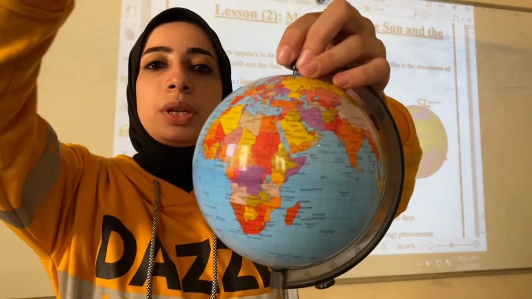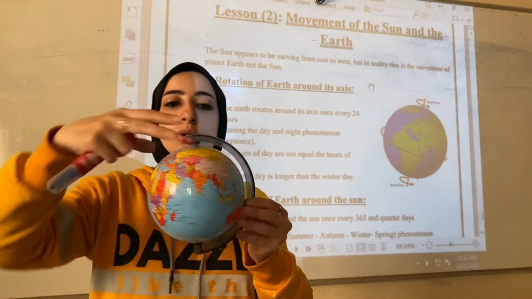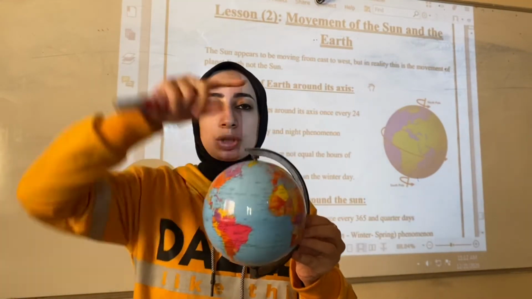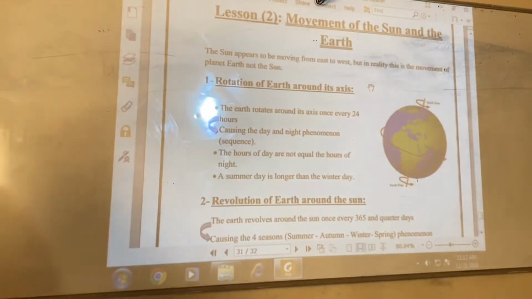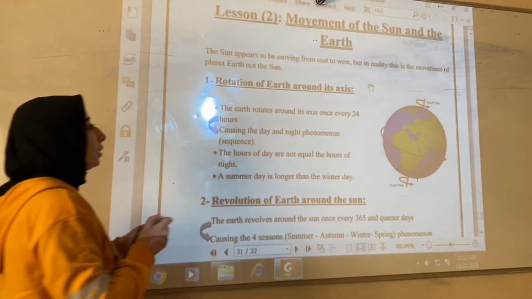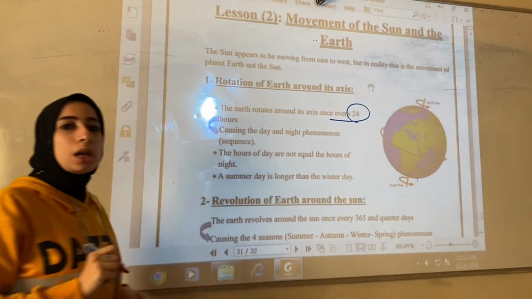This is one complete rotation. How long did the Earth take to make one complete rotation? One turn, okay? The Earth takes 24 hours to make one complete rotation.